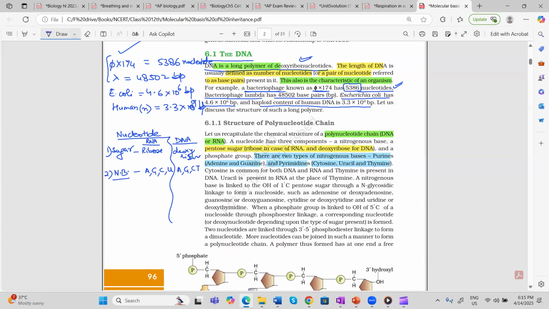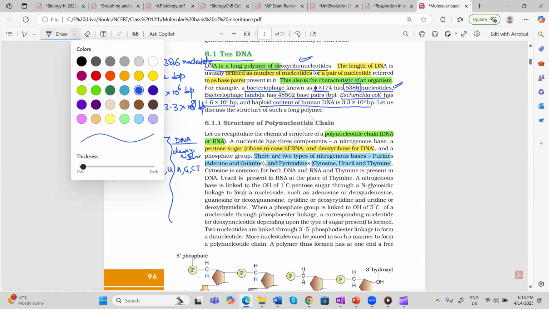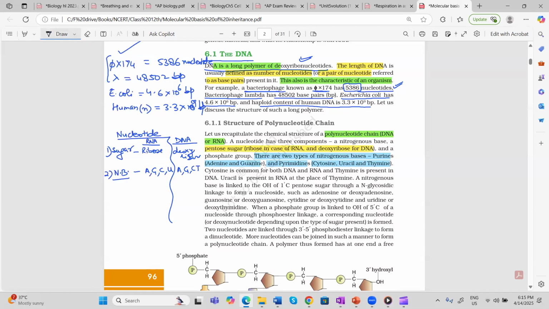So basically, if you see, cytosine is common for both DNA and RNA, and thymine is present in DNA but not in RNA. What is present in RNA? Uracil is present in RNA in place of thymine. So the only difference is here, the remaining is the same. Nitrogenous bases are the same. So two are clear, sugar and nitrogenous base.